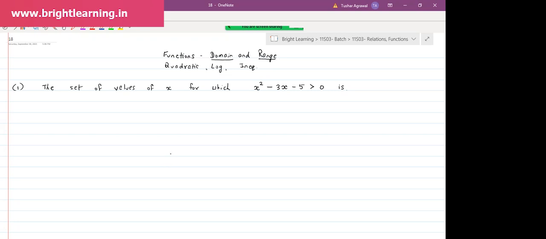Some values of x will satisfy these conditions, some will not. Tell me what it is.